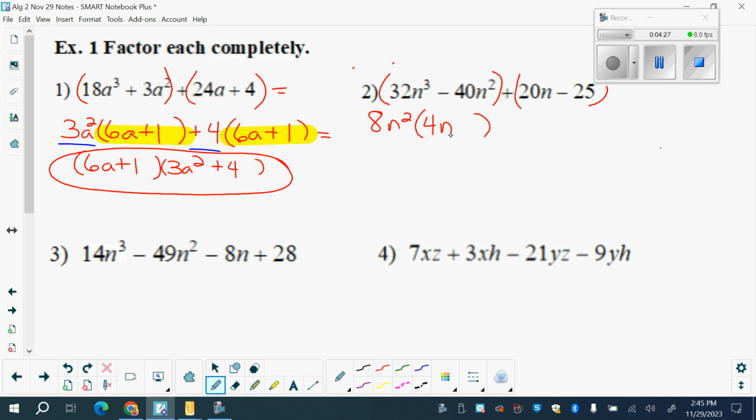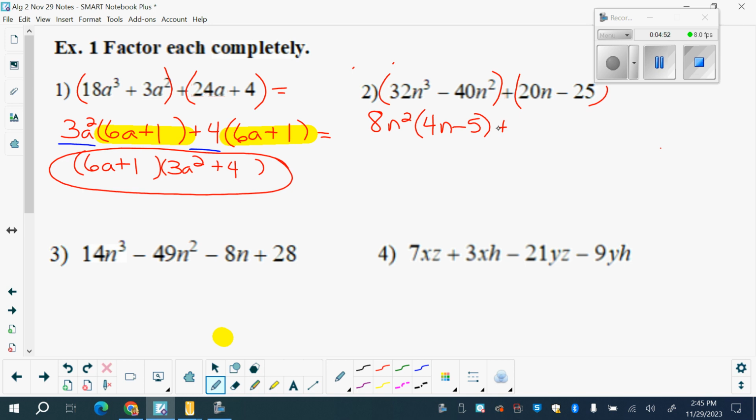Plus or minus? Eight times what is 40? Yeah, feel free to use a calculator. You want 5. So it's just 5. And then what's the greatest common factor in the second 2?